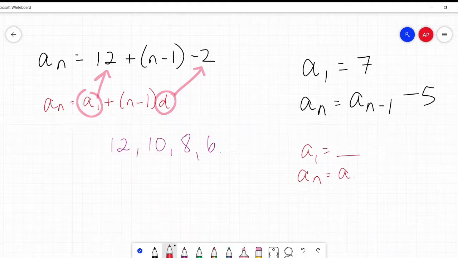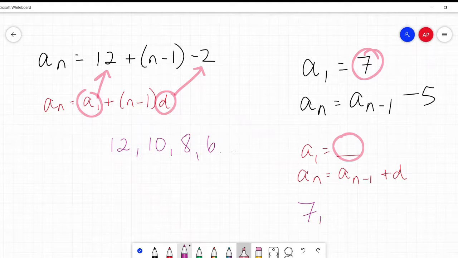I also know this d out here is my difference. So I know I need to subtract 5 each time. So 7 minus 5 is 2, minus 5 is negative 3, minus 5 is negative 8, and so on. And that's all there is to it.